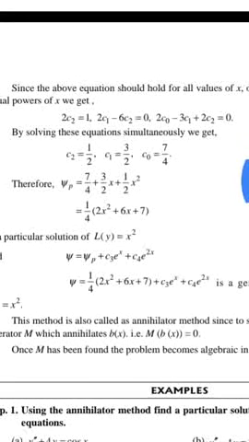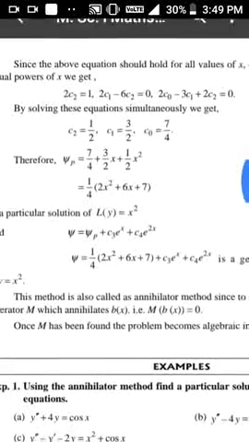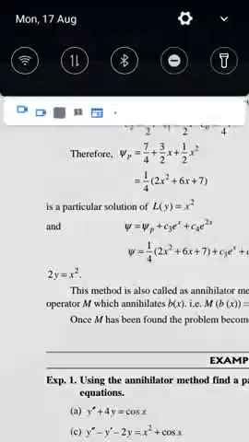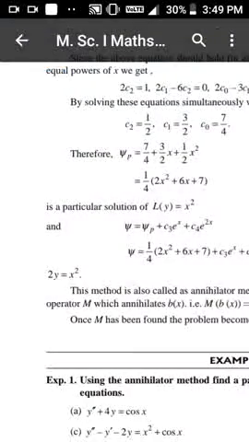By solving these equations simultaneously, we get c2 is equal to 1 by 2, c1 is equal to 3 by 2, c0 is equal to 7 by 4, and psi p is equal to 7 by 4 plus 3 by 2 x plus 1 by 2 x square, which is 1 by 4 times 2x square plus 6x plus 7, the particular solution of L of y is equal to x square.